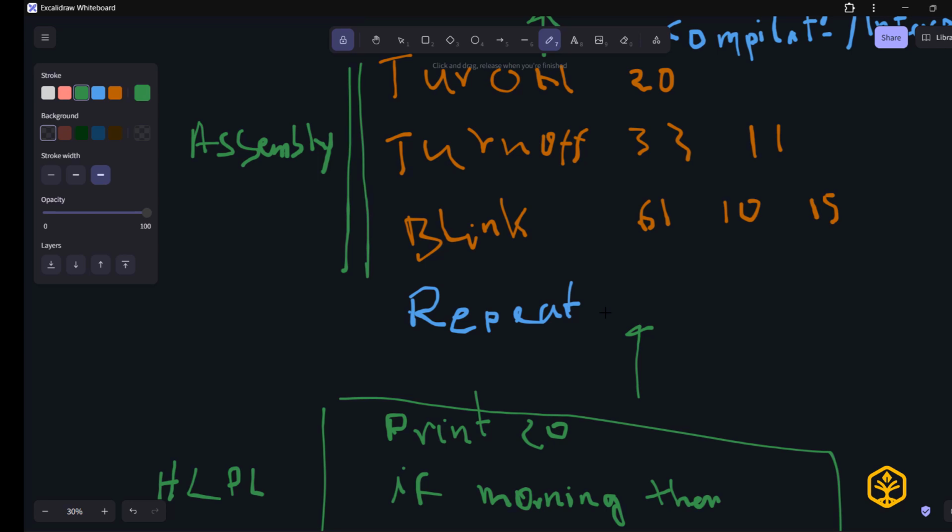When we write Python, we don't always have to compile Python into assembly before the computer runs it. Some of these high-level programming languages can be directly compiled into the binary version of it. So depending on how the compiler is written, that's what determines how the compilation process happens.